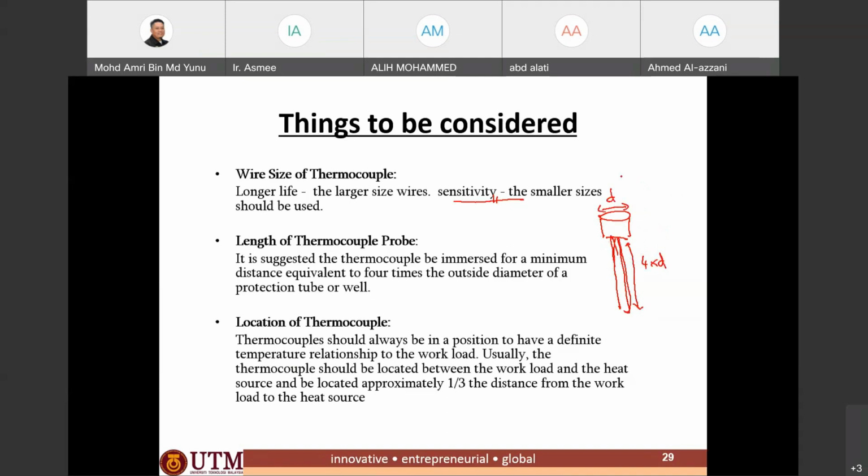So that's how you determine how to immerse or install the thermocouple.